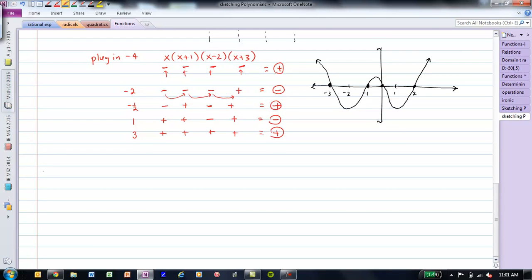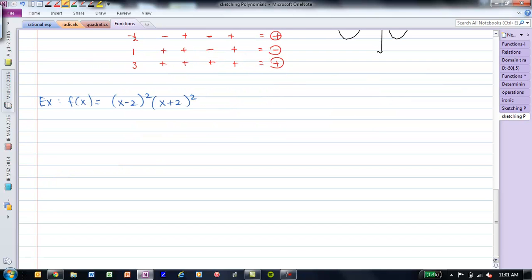So here is the function. f(x) = (x - 2)^2 (x + 2)^2. You'll notice that this is, first of all, 2 binomials that are squared.